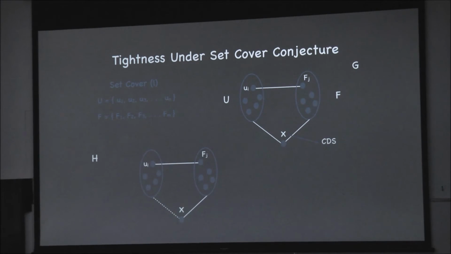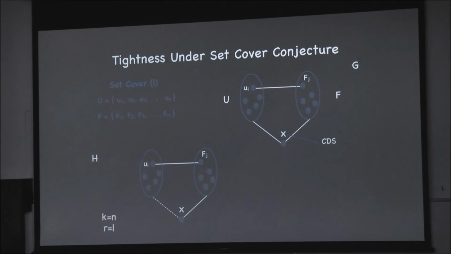The next graph, H, is defined by deleting all the edges between X and U. I just delete those n edges, and this is the graph H. Now X is no longer a dominating set for the new graph, because none of the vertices in U are dominated.